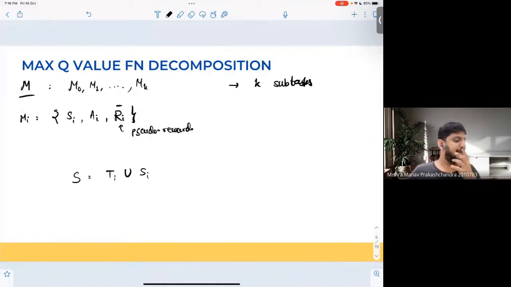So basically all the states accessible to the sub-MDP M_i are the non-terminal states, because at the terminal state, all you need to do is execute the primitive actions, right? So that's the basic idea.